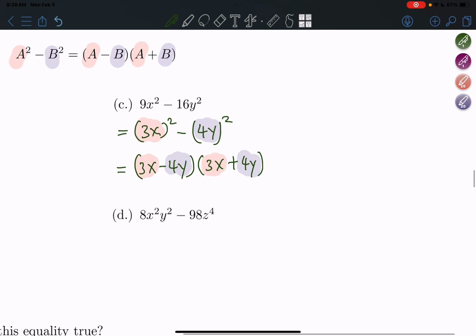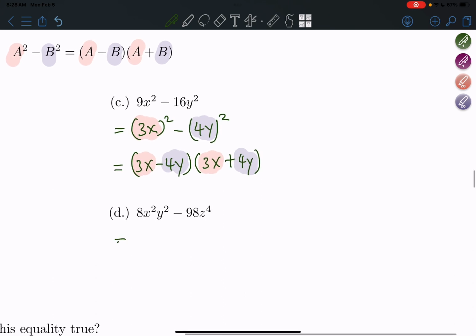And last but not least, the last problem here, I got 8x squared y squared minus 98z to the fourth. There's a lot of things happening here, but one of the first things we notice, one of the most troubling things, is that 8 is not a perfect square. Neither is 98, right? There are actually two ways to go about this.